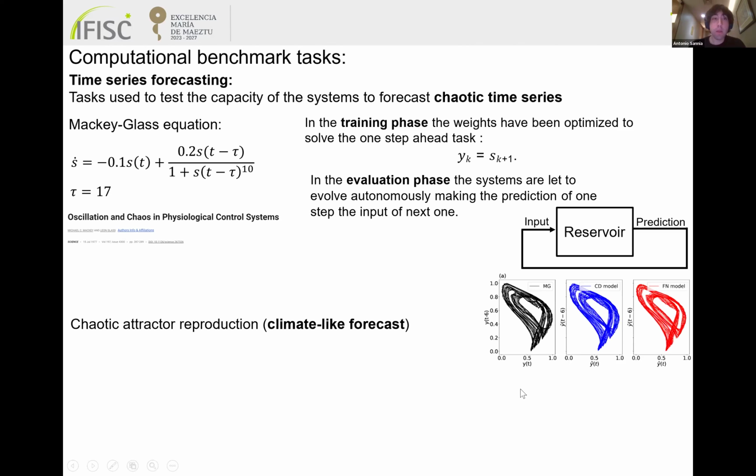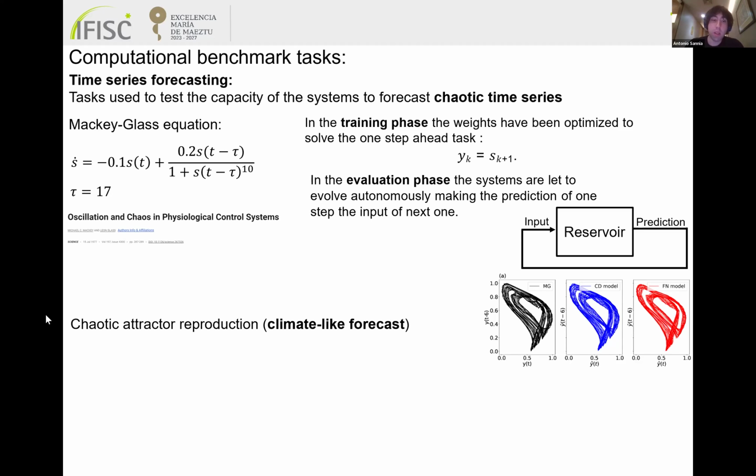The first thing we did is to see if the models are able to reproduce the shape of the typical attractor of the series, and we found that they both can be chaotic and produce the attractor.